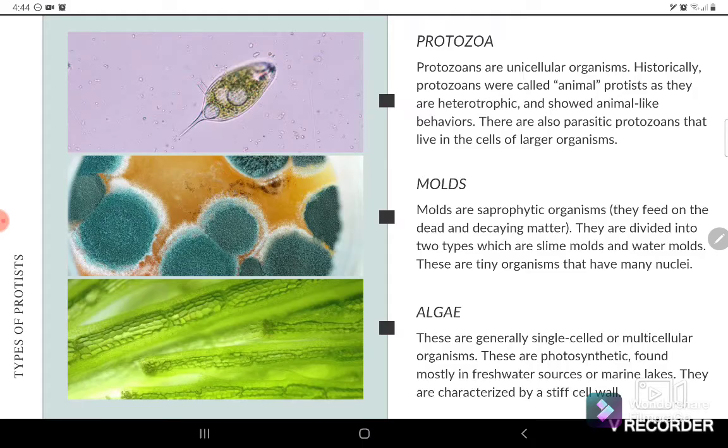They are also parasitic. There are parasitic protozoans that live in the cells of larger organisms.